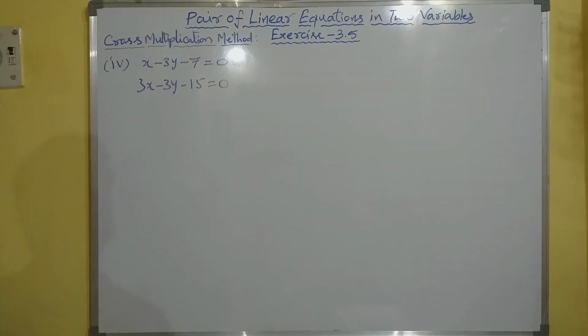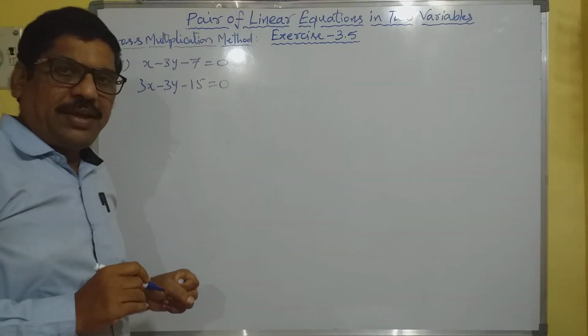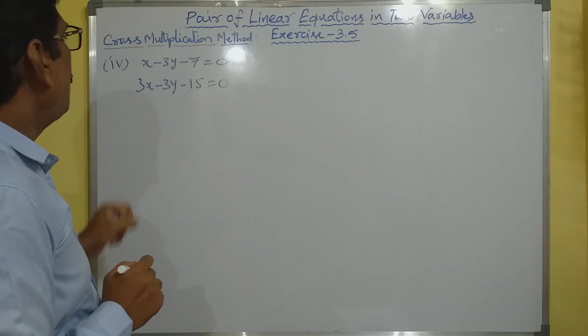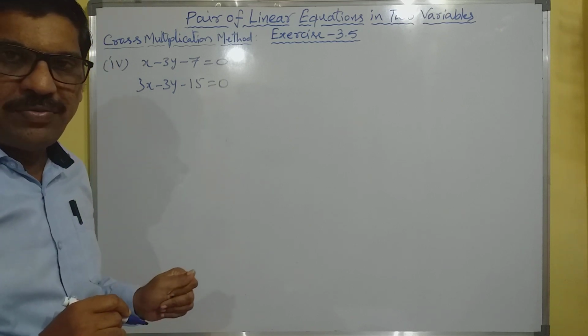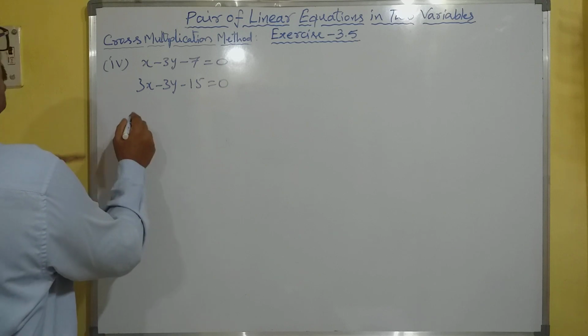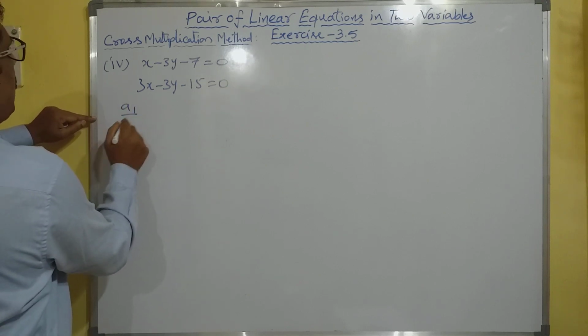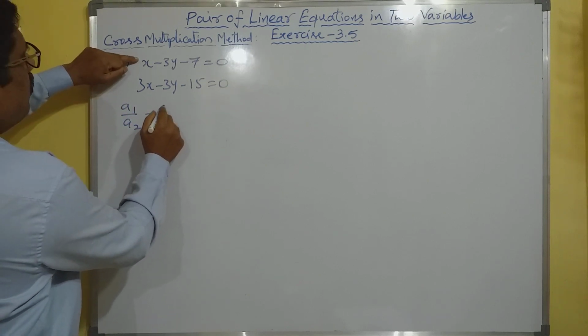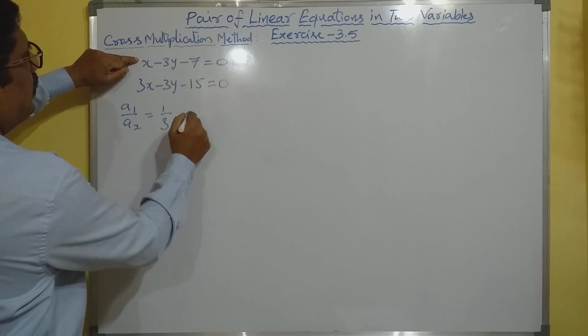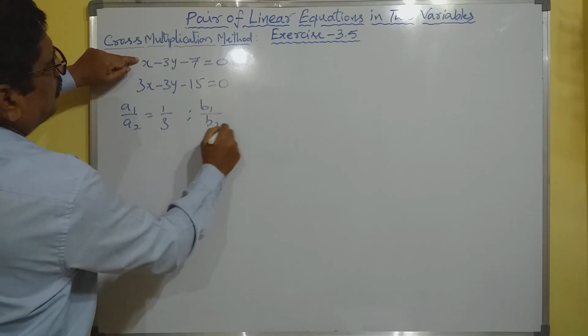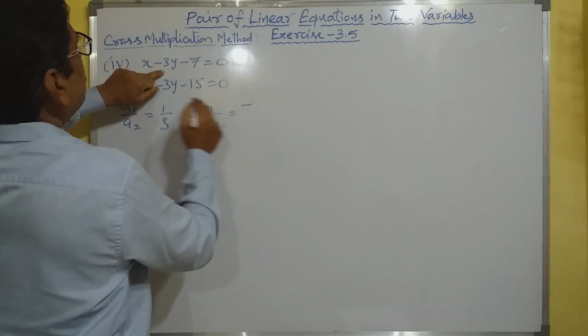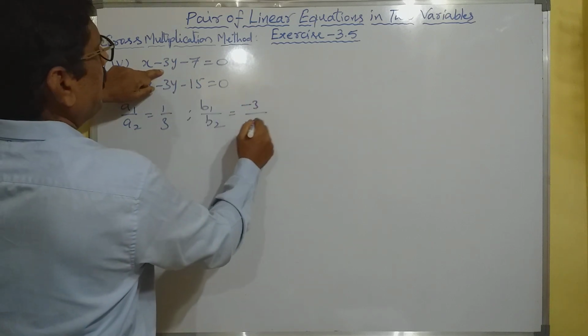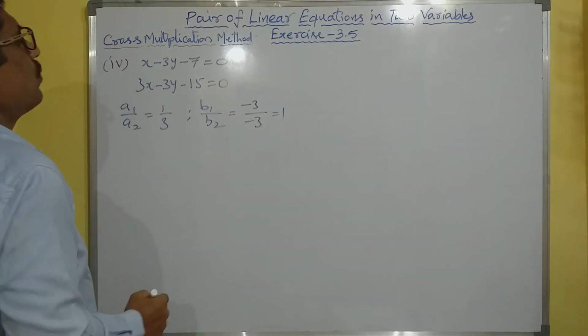Now look at the fourth problem. x minus 3y minus 7 is equal to 0 and 3x minus 3y minus 15 is equal to 0. Let us take the coefficients of x, that is a1 by a2. a1 by a2 is 1 by 3. b1 by b2, the coefficients of y, is minus 3 by minus 3, that can be written as 1.